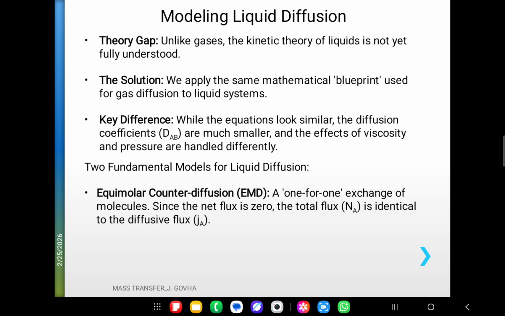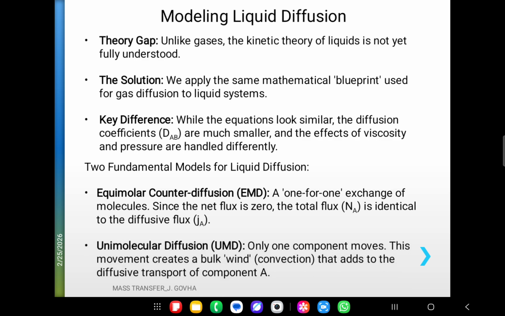The net flux there is basically zero. Then what's left becomes identical to diffusivity only. Then we have the unimolecular diffusion. One component moves, and this movement creates a bulk wind that adds to the diffusive transport of component A.